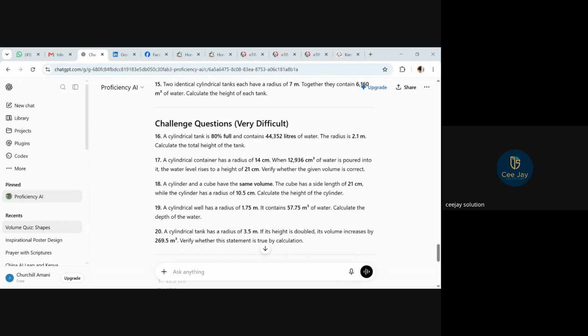Then we find the area of the top. That is 22/7 times 2.1 times 2.1 times height, which we have not been given, equals to 55.44.